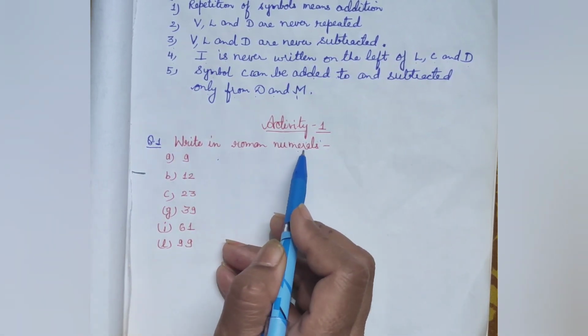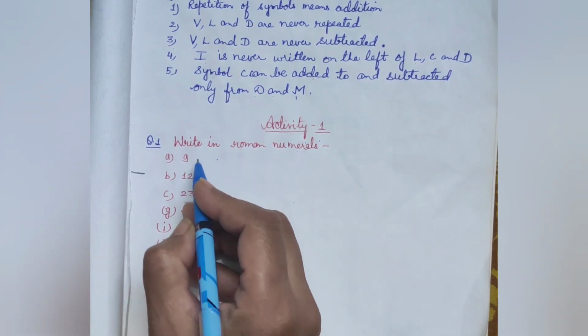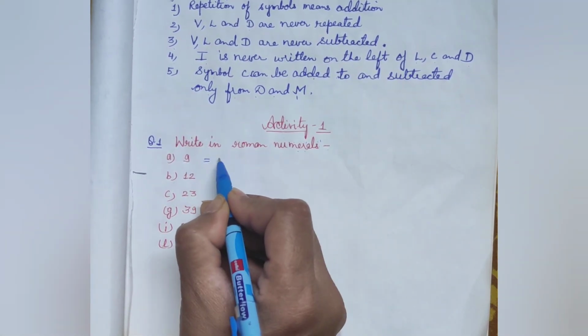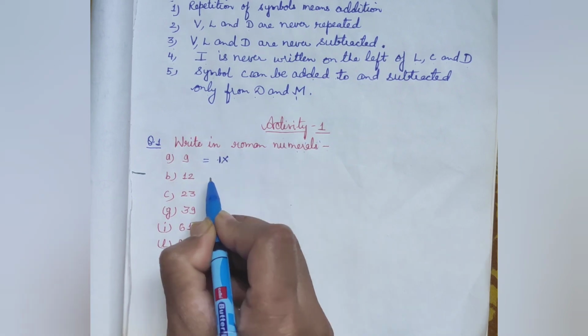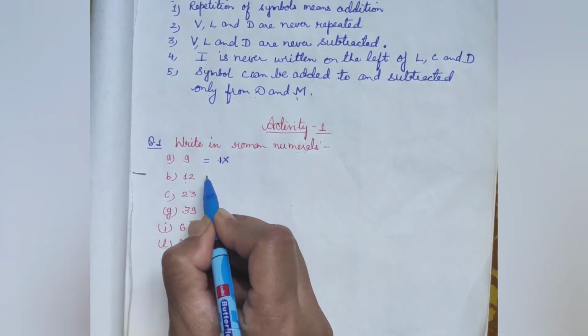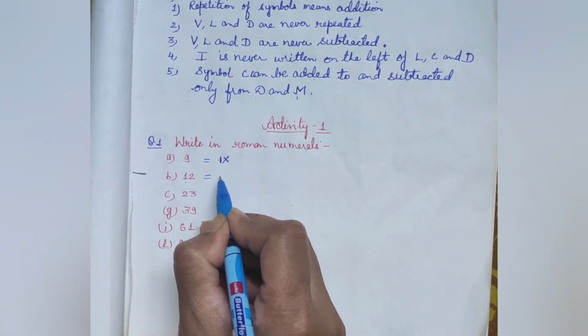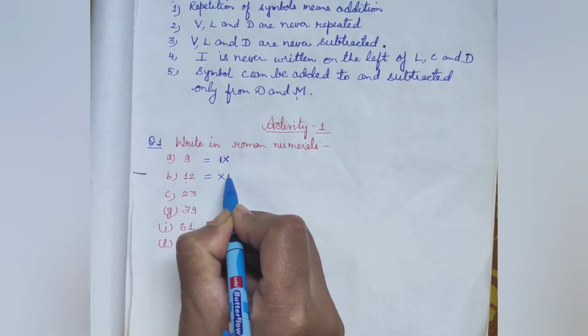Write in Roman numerals. 9 is written as IX. 12 is written as XII.